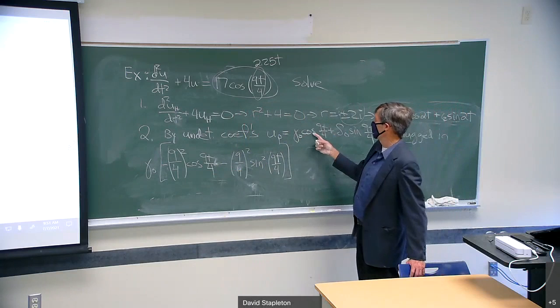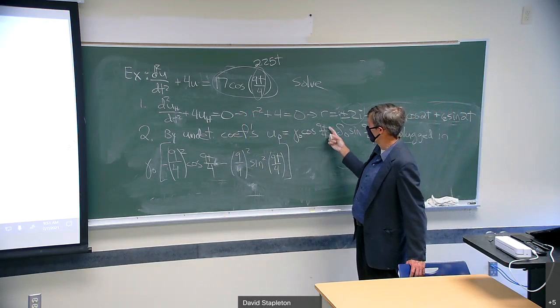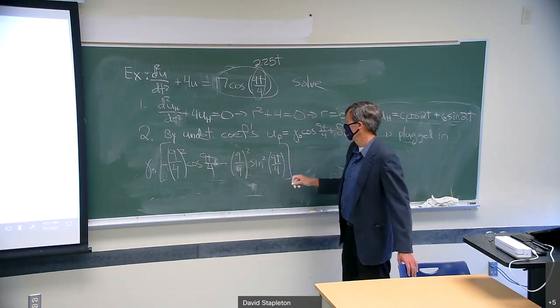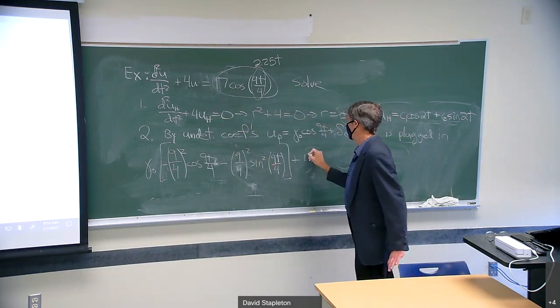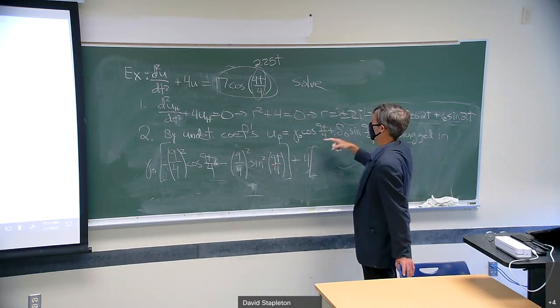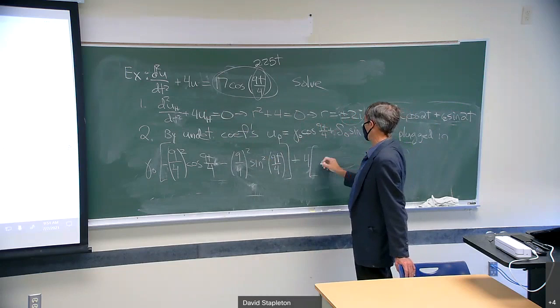So the cosine is minus 9/4 sine, and then taking the derivative of minus 9/4 sine, we get minus (9/4) squared cosine. Now we want to add that. I'll put it in here, and then plus 4u. So u is just gamma 0 cosine plus delta 0 sine.